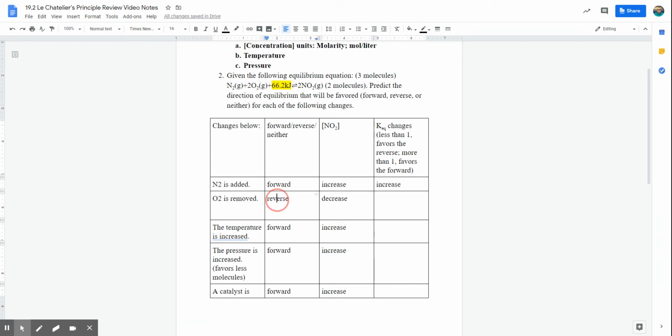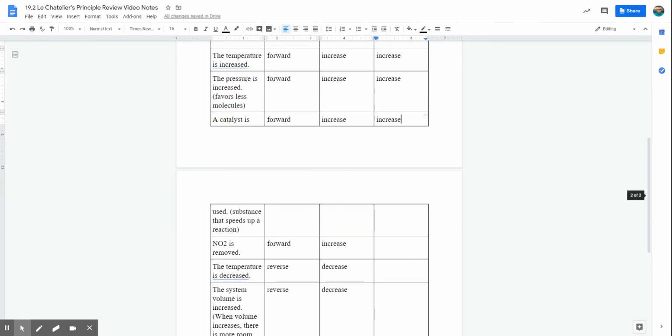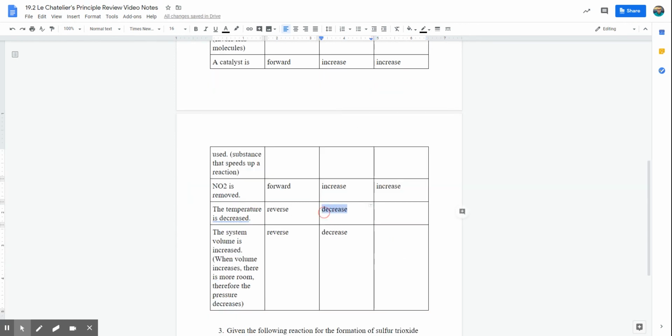So the reverse is favored here since I created a vacuum, or removed O2, right? So then this would be a decrease. And so on, right? These will all be an increase in the KEQ because the forward is favored. And then these will all be decreases.